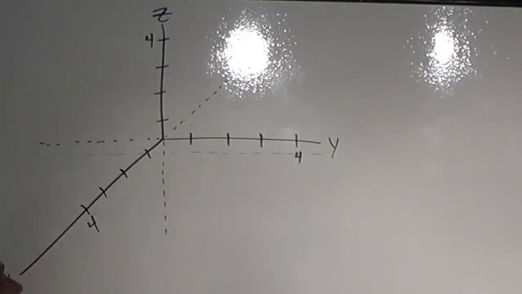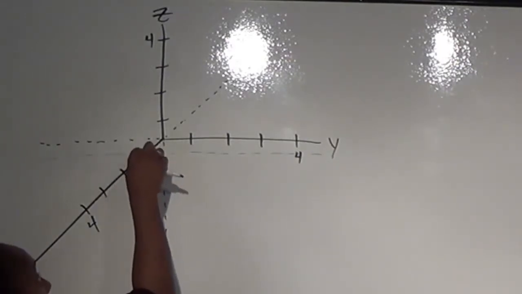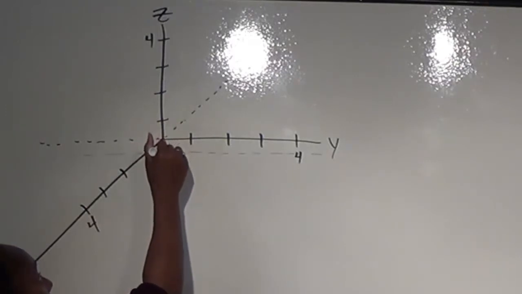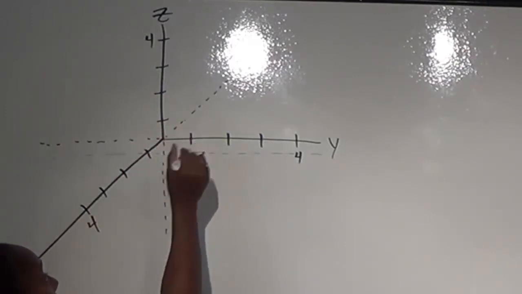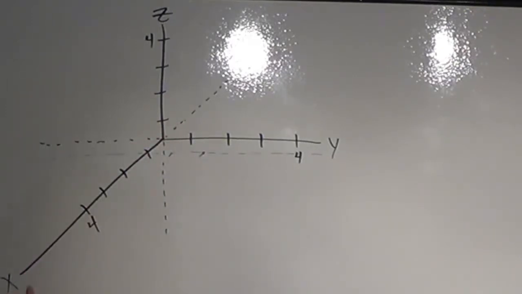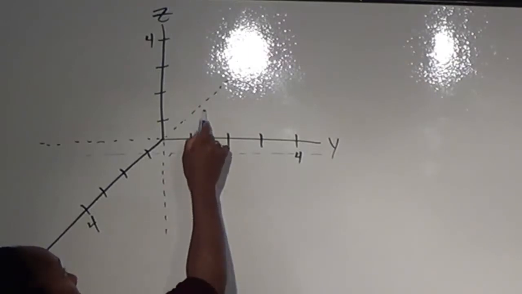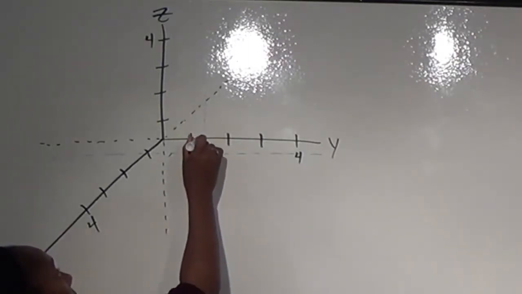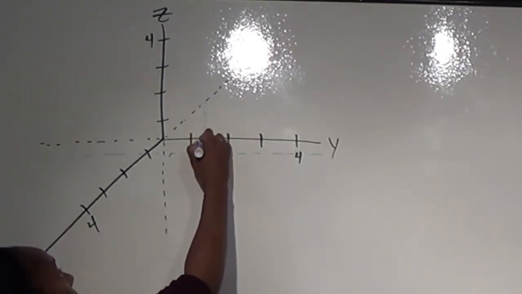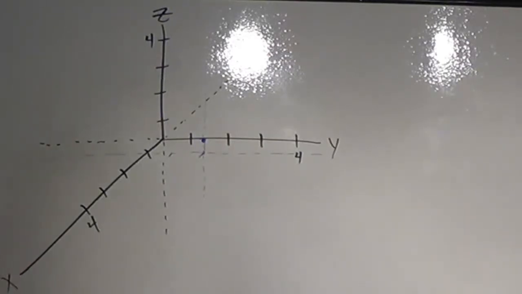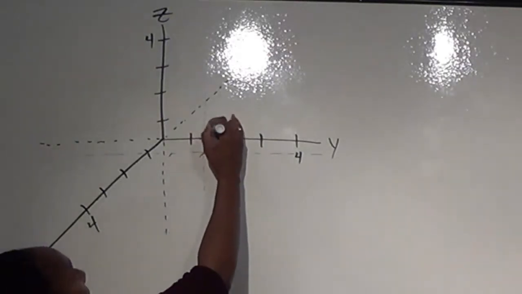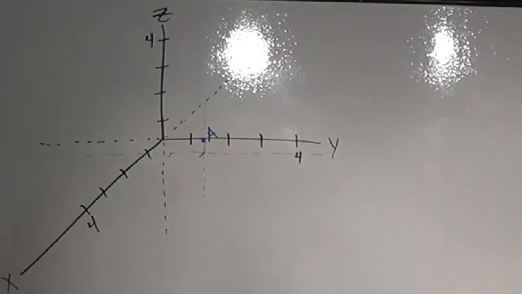Then 2 in the y direction, so from that point I'm going to go 2 units over. And then 1 in the z direction. So from this point, I'm going to draw in a new z-axis and go 1 unit in that direction. So there would be my point A. It almost looks like it's on the y-axis, but it's actually in front of it and above it a little bit.